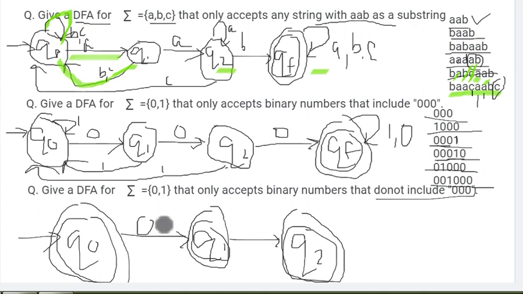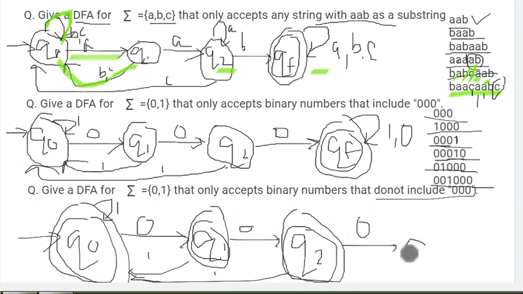Okay, Q0. Everything is the same, just normal states will become final states and the final state will become a normal state. From Q2, 0 was going to the final state, right? QF state, but that will become a normal state.